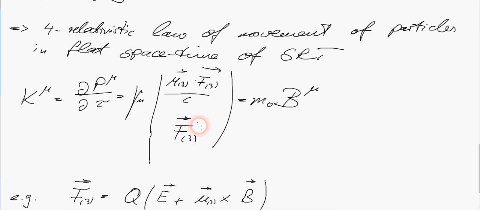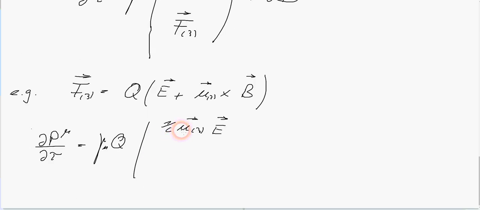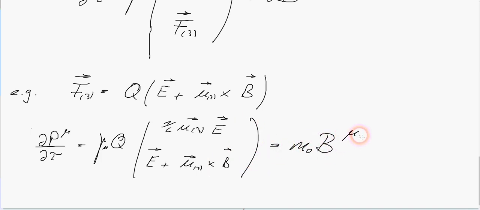So we just have the first component, the electric field strength vector E. Okay, and for the other vector components we get E plus u cross product B. And this will equal rest mass times B^mu. And with this we would be able now to calculate the movement of particles in electromagnetic fields.